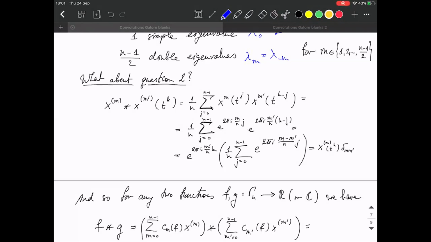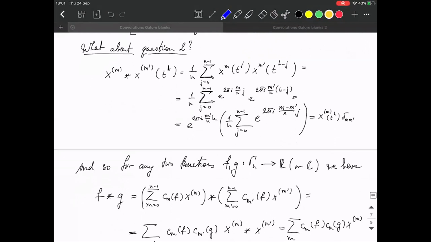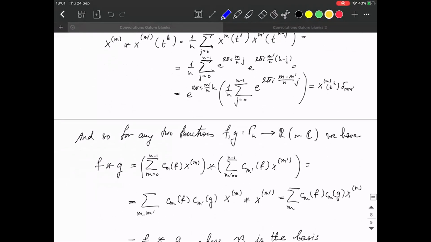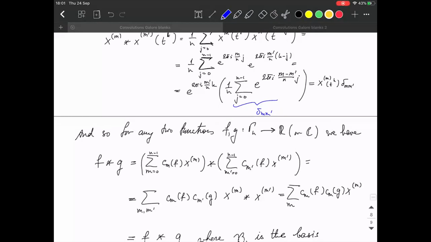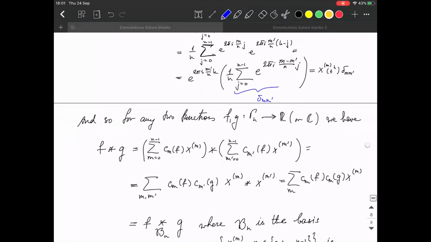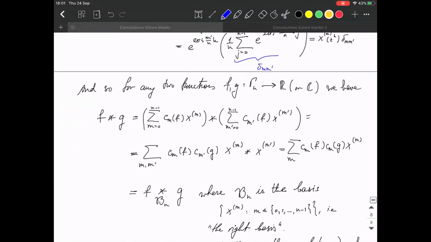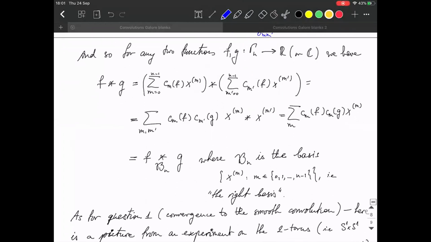I'm not going to take you through the calculation, but it's here, and it's relatively simple, apart from a slightly interesting exercise to show that this term is 1 if n equals n prime and 0 otherwise. So indeed, this discrete Fourier basis was the correct basis, and we arrived at it by just taking the graph Laplacian and trying to diagonalize it in some way.